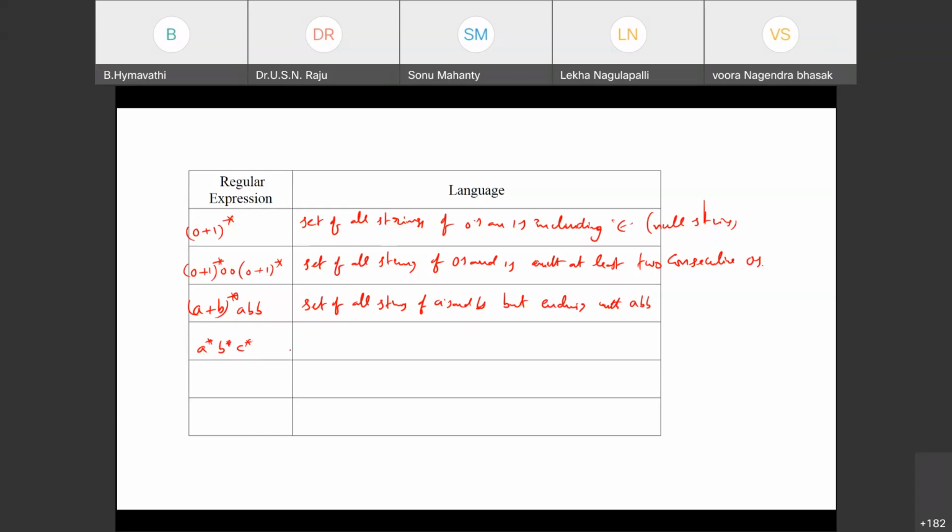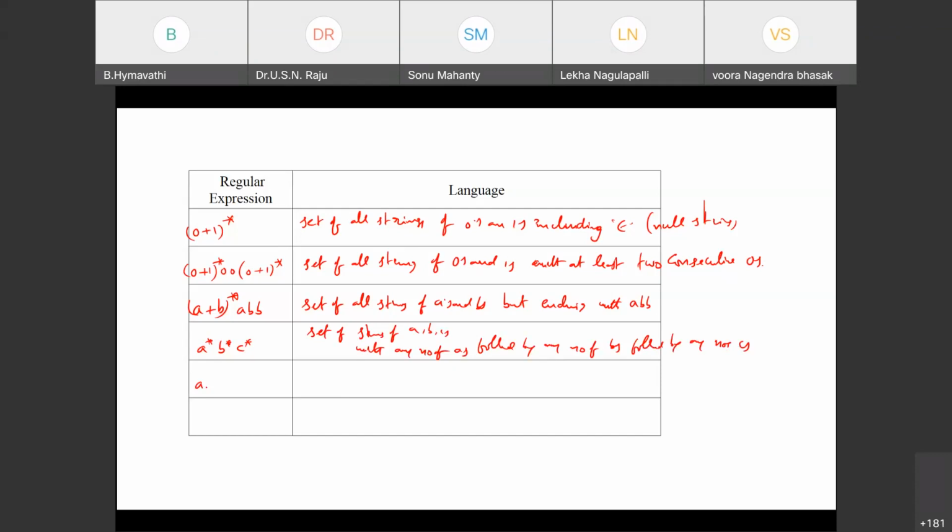Set of all strings of a, b, c's with any number of a's followed by any number of b's followed by any number of c's.